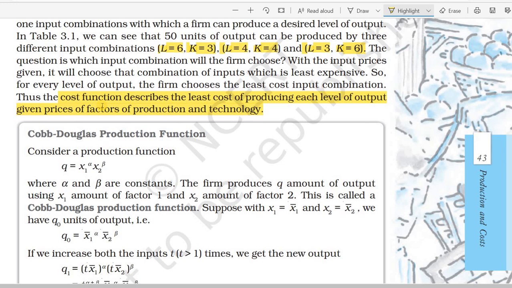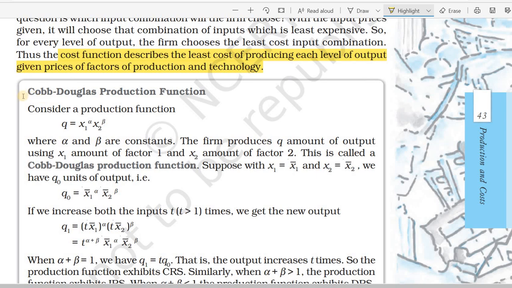In the Cobb-Douglas production function, we study the technological relationship between input and output. It was developed by 2 economists, Charles Cobb and Paul Douglas.